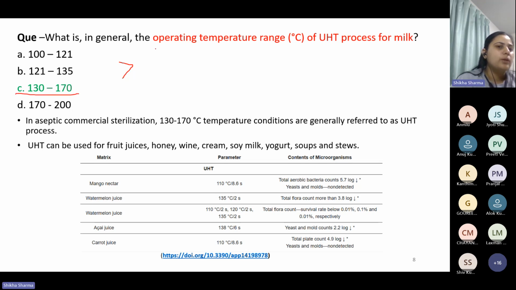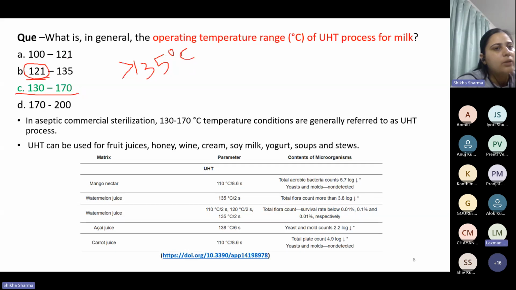So in UHT, what happens? The definition itself is saying that we should take greater than 135 degrees Celsius, right? Yes, ma'am. But ma'am, it is a time and temperature combination. Yes, it's a time and temperature combination, but 121 is the autoclave, the sterilization temperature, right?